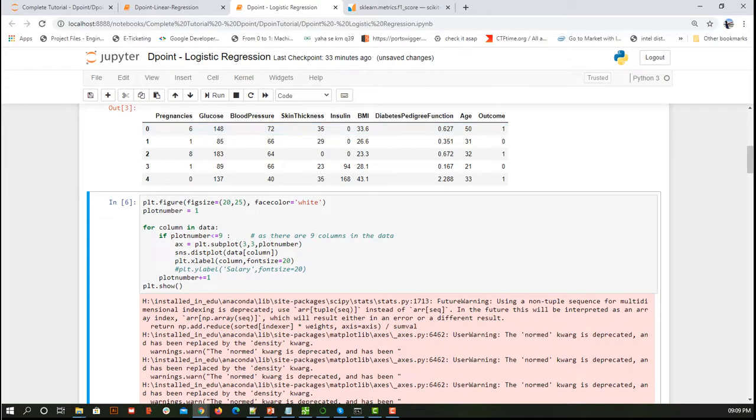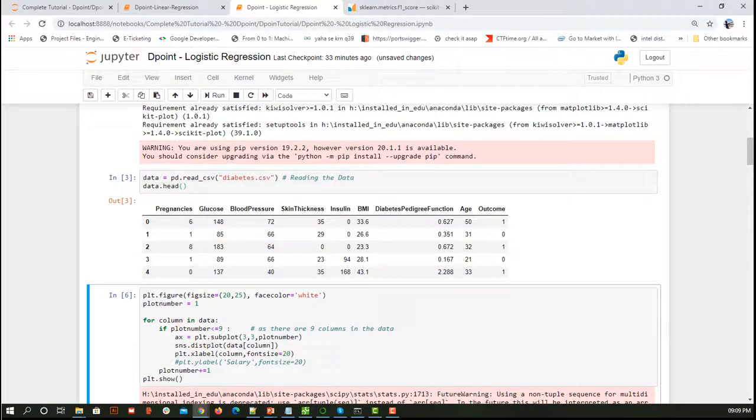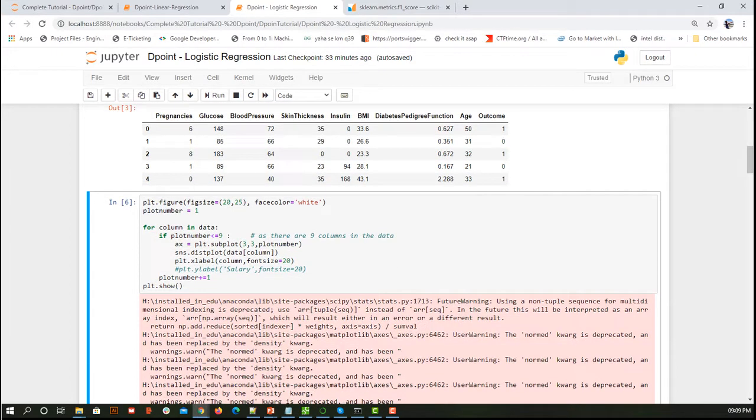Now I need to see the distribution curve. Let's suppose the category pregnancies. In this we have multiple data points, so how is the data distributed? For that I am going to plot a graph against all the columns.